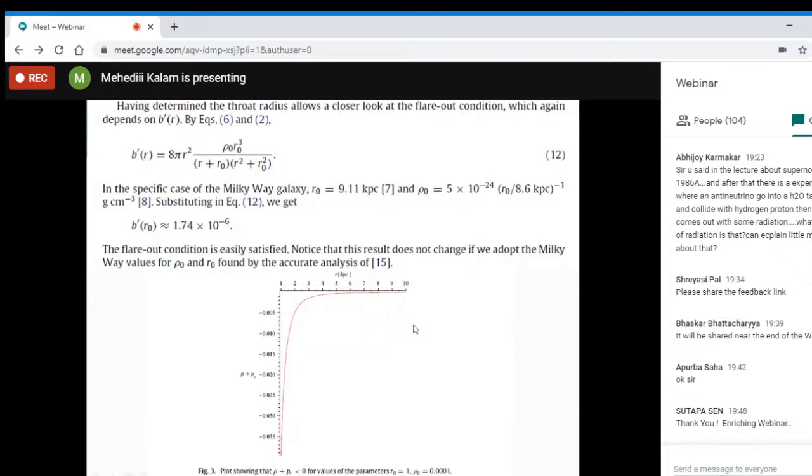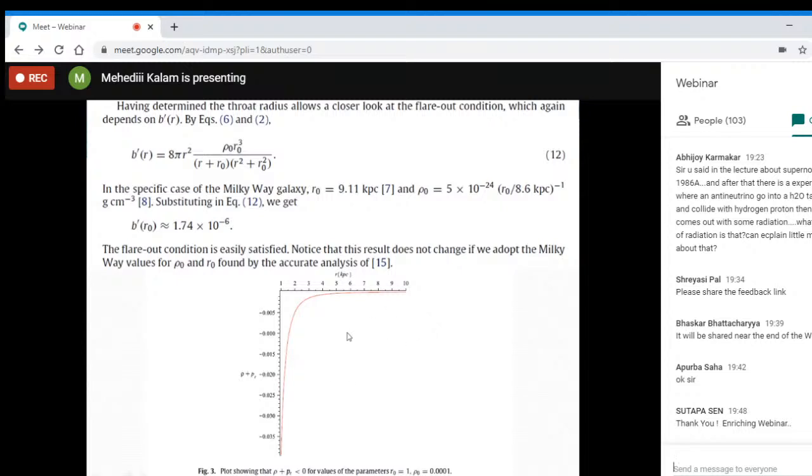I want to mention here that after publishing this paper in Annals of Physics, Paolo Salucci made a press release, and he declared that they were getting these interesting results, which were published in many international newspapers and widely spread.